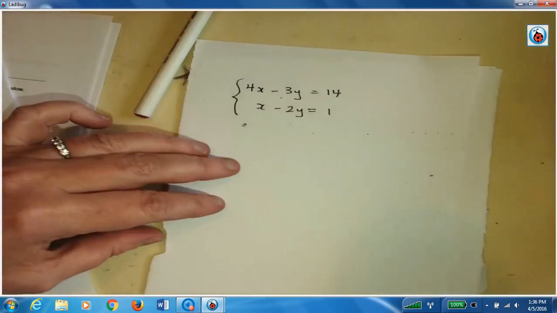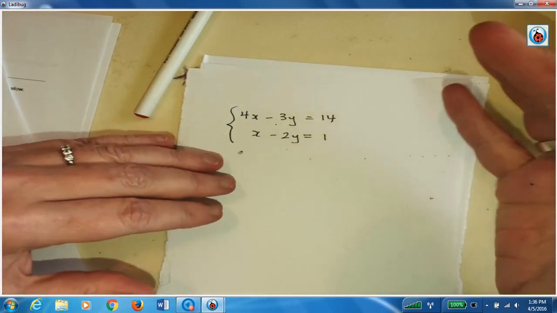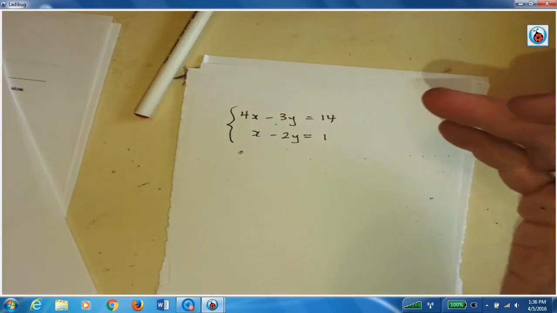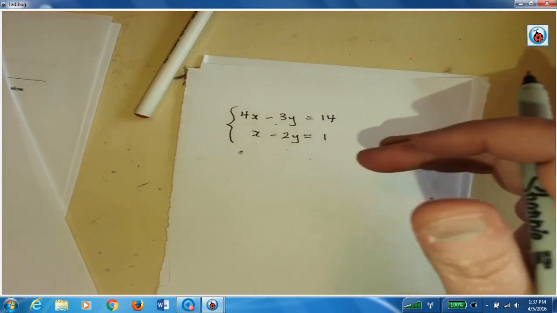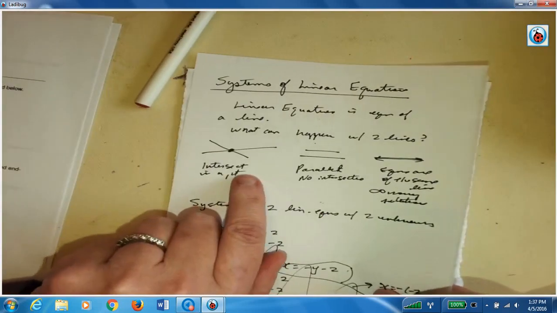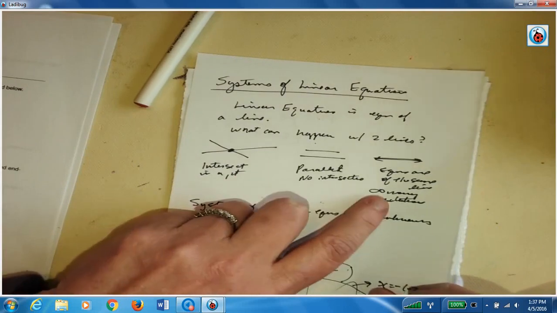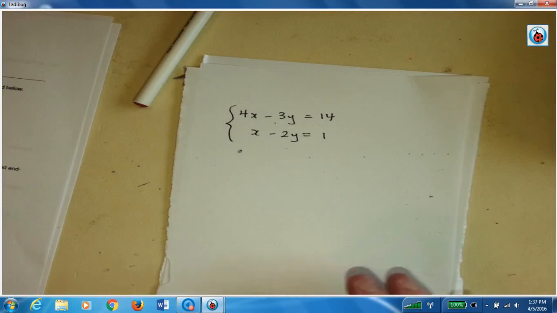So it's a system. There's two linear equations and two unknowns. So what kind of situation are we in here? Do we have two lines that intersect? Do we have parallel lines? Are both of them the equation of the same line?